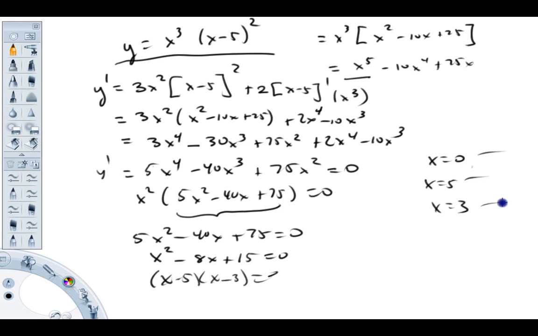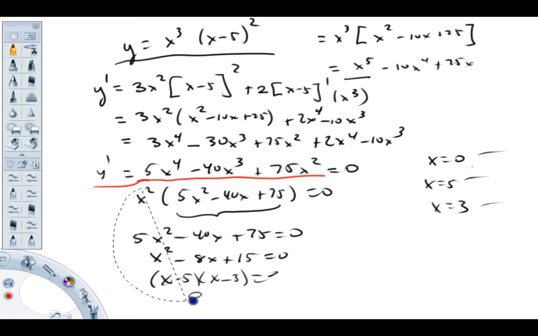Now I'm going to take a moment and investigate whether those are relative mins, maxes, or not extreme values. And what tells you about that is the second derivative. So I can differentiate pretty much any line here. I'd say the easiest one is going to be this one. So I'm going to focus on this line right there, because y prime equals... We can differentiate that fairly easily.